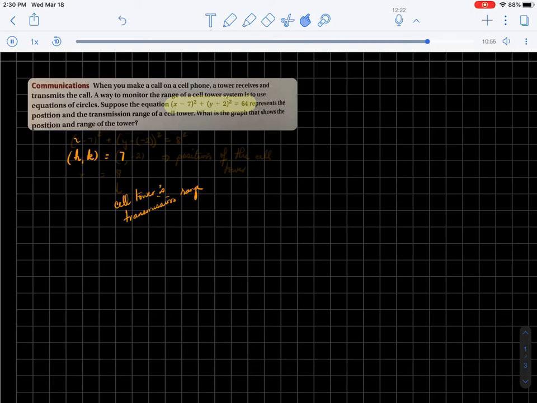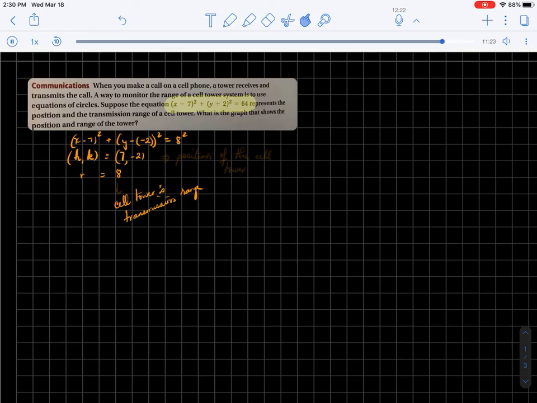Let me write this: x minus 7 squared plus y minus a negative 2 squared equals 64, so it's 8 squared. So my center point is 7 and negative 2, and my radius at this point is 8, meaning from the center point I can go 8 units.